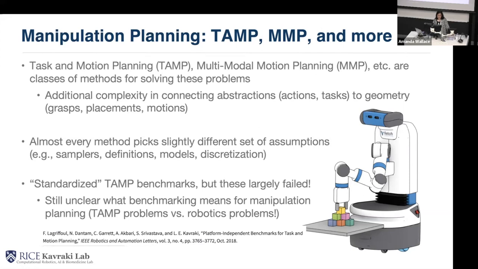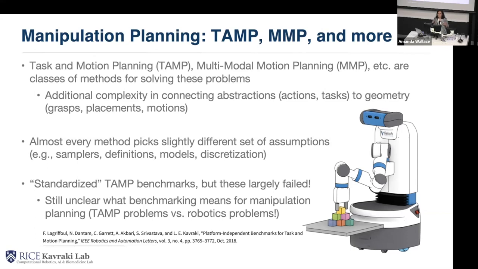It's unclear what benchmarking means for manipulation planning, and it failed for many reasons. Some were technical. There is not a uniform format for specifying this problem. Some were actually the fact that it's such a broad area. When we started understanding all the different assumptions that the different groups were making when they contributed the benchmarks, and other groups started pointing them out, these benchmarks were never updated.